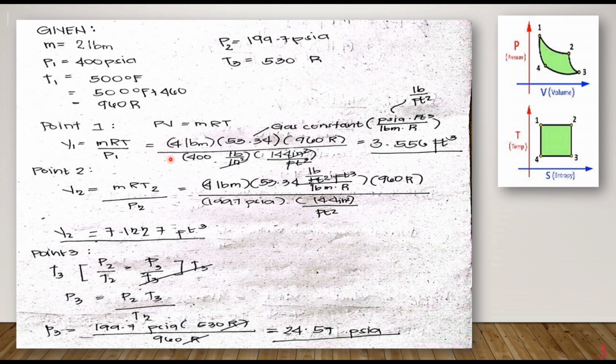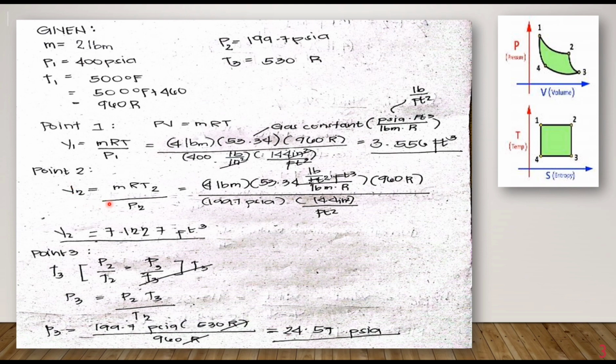So we have M 4 lbm times 53.34, the gas constant, and then 960 R over 400 psia times 144 inches squared over feet squared. So we get 3.556 cubic feet.